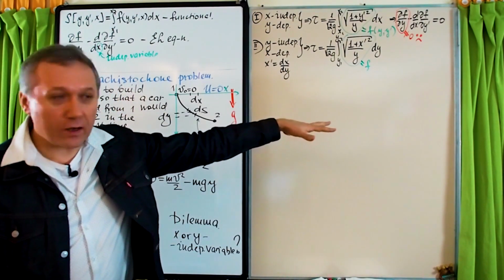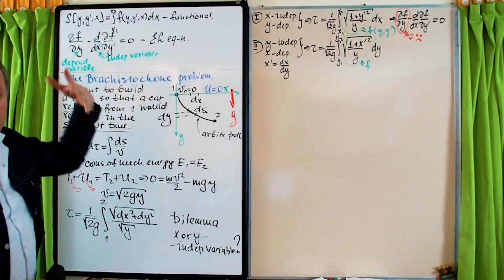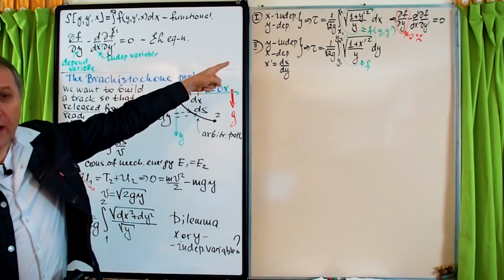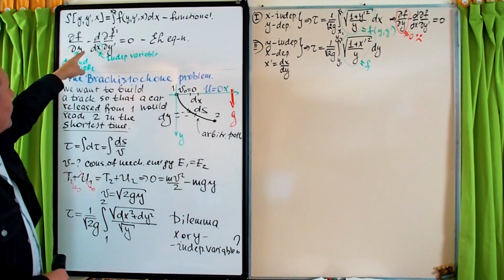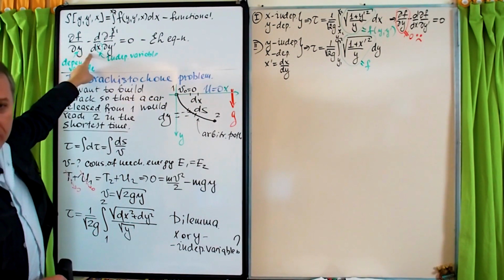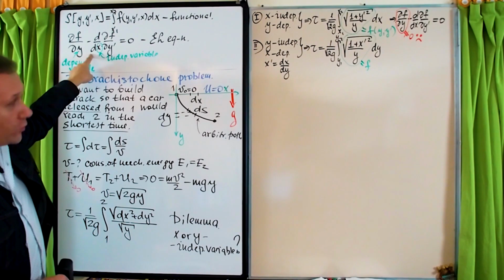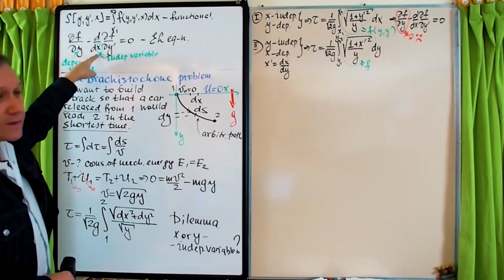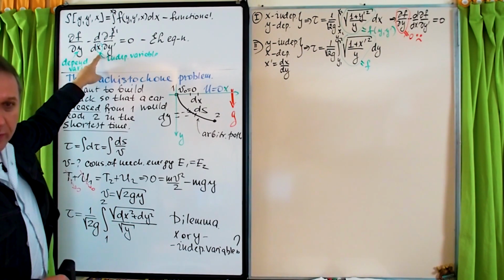So now let's look at the Euler Lagrange equation. Of course, now we have y as an independent variable, so we need to adjust this equation, because in this form, equation is not correct. In this equation, x is an independent variable.